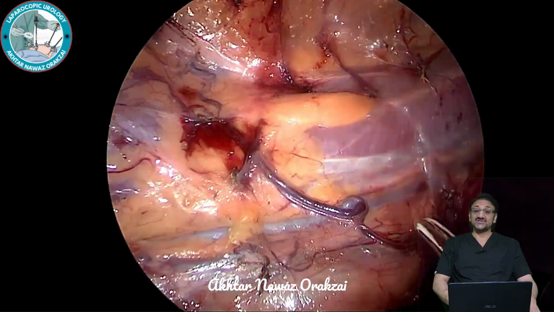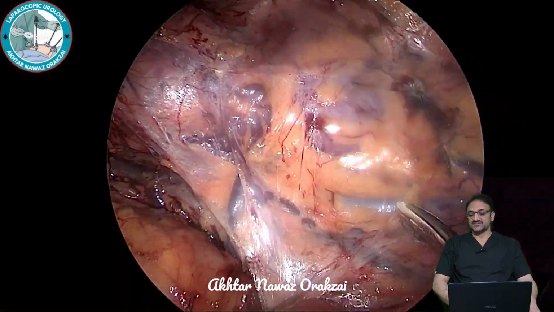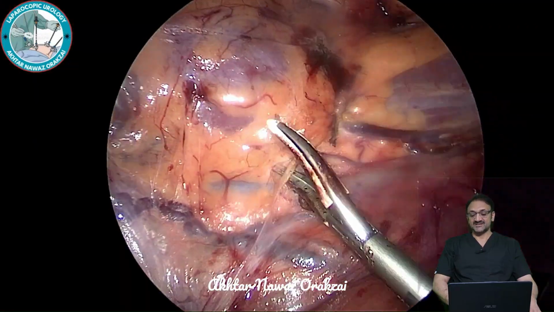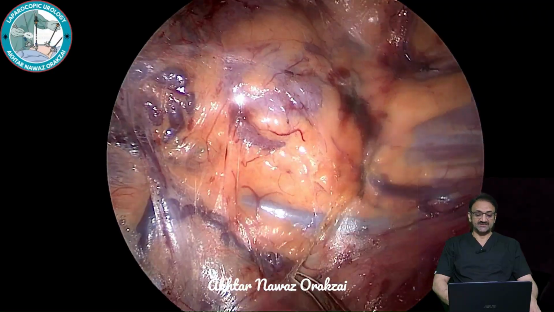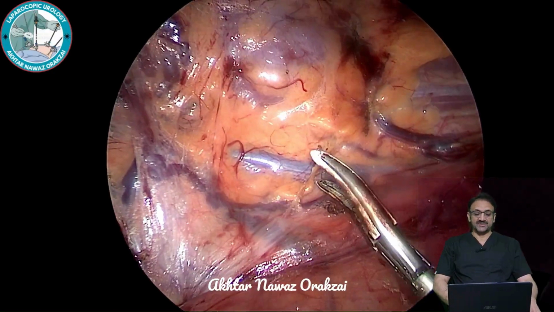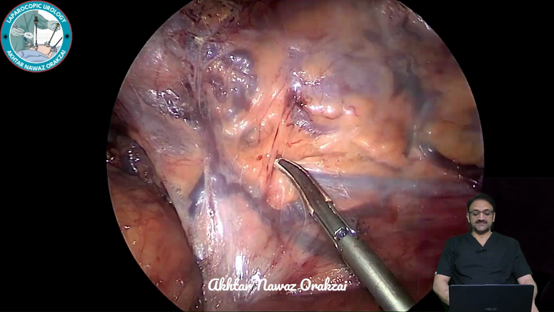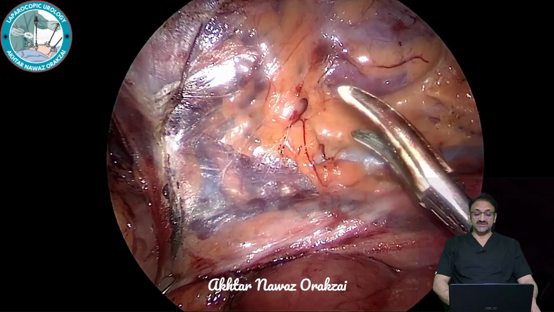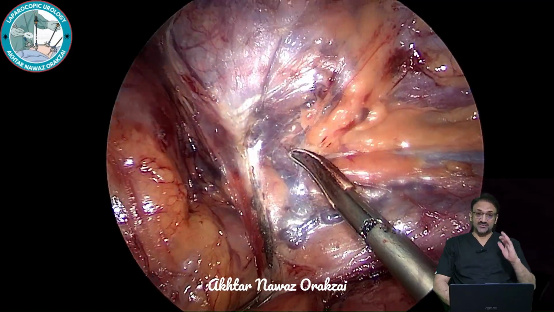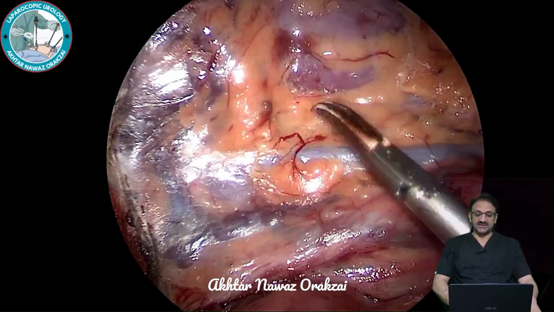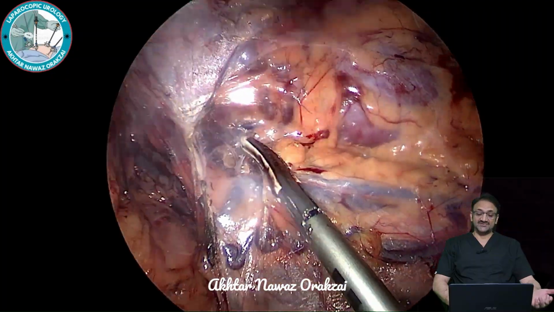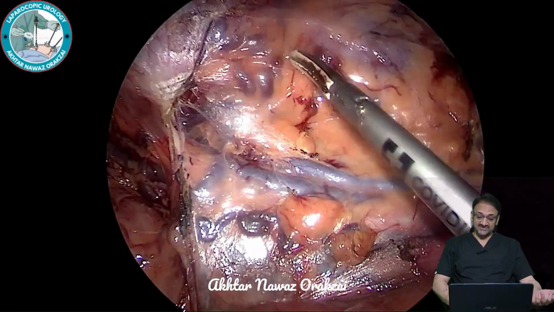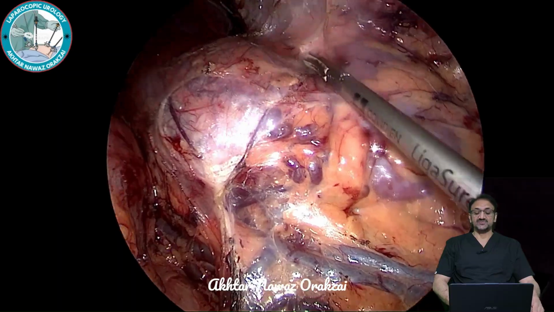To clarify the picture, we follow this gonadal vein from the internal ring towards the kidney and the renal hilum. The purpose of this is that the gonadal vein usually leads you towards the renal hilum and the renal vein. And once you identify the renal vein, then you dissect the adrenal vein, clip the adrenal vein, and then proceed with the adrenalectomy.